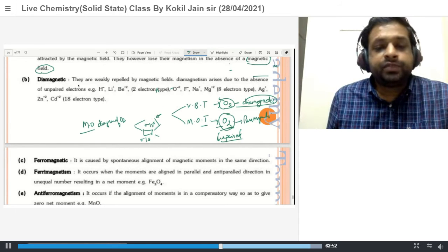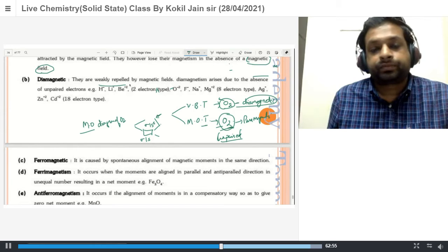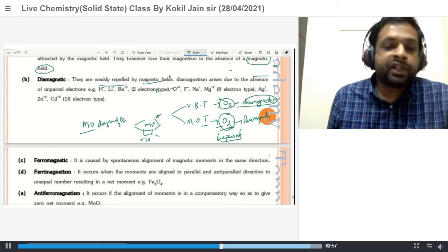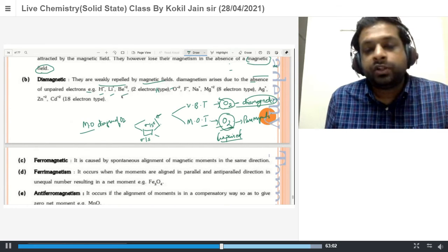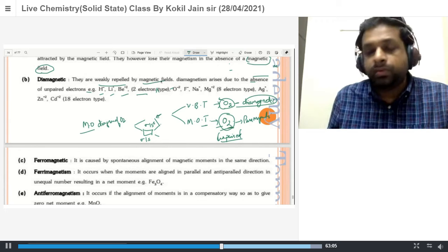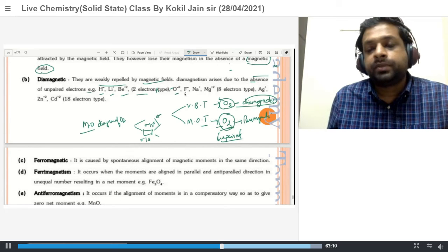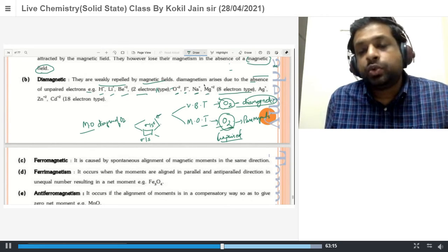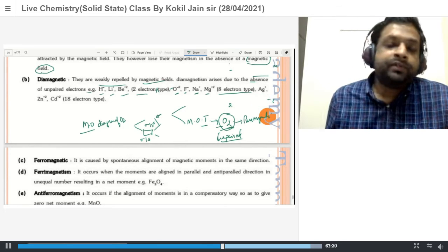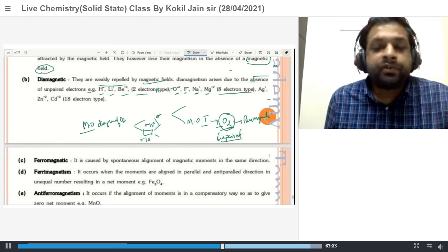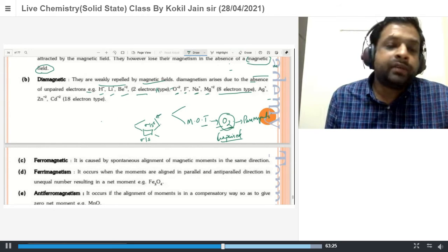These are weakly repelled by magnetic field, due to the absence of unpaired electrons, like in these type of ions, where only 2 electrons are present in O minus 2, oxide, chloride, sodium, only 8 electrons are present, but no unpaired electron in these ions. If there is no unpaired electron, they are going to have diamagnetic character only.